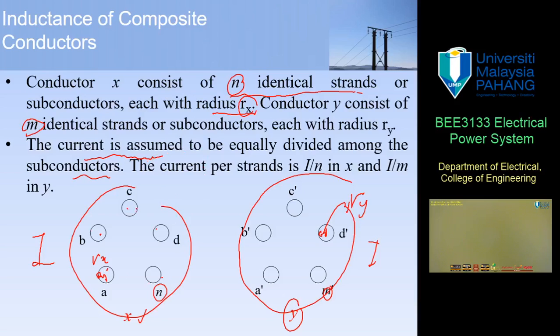That's why each part of this conductor consists of I over N of current. For this case, each subconductor has current I over M, because we have M subconductors for the conductor Y.